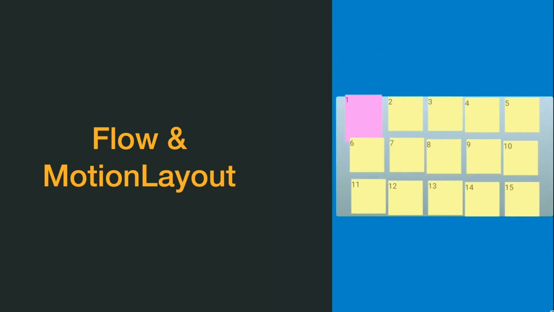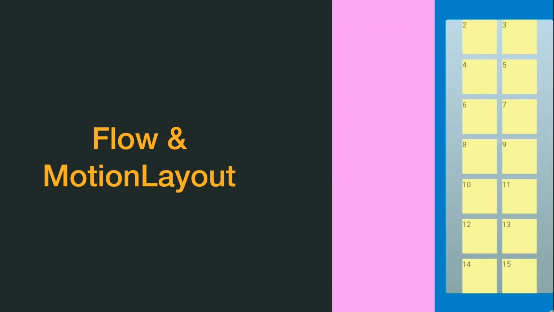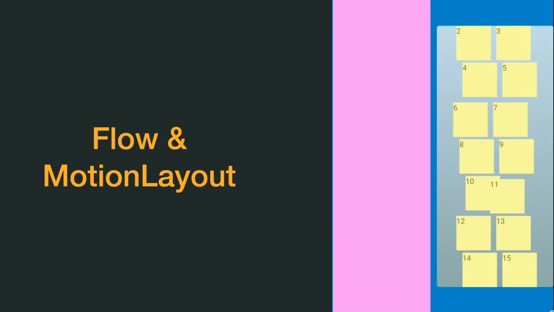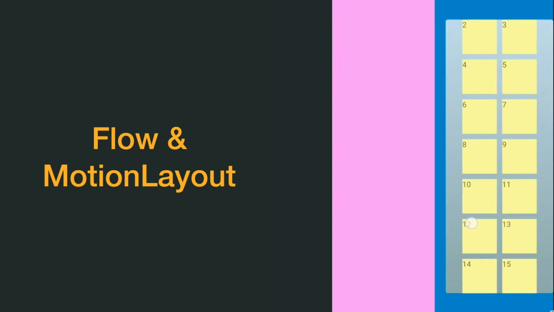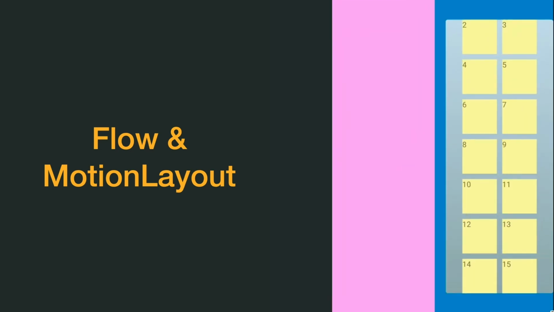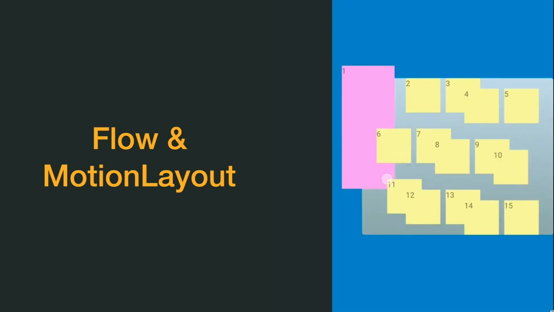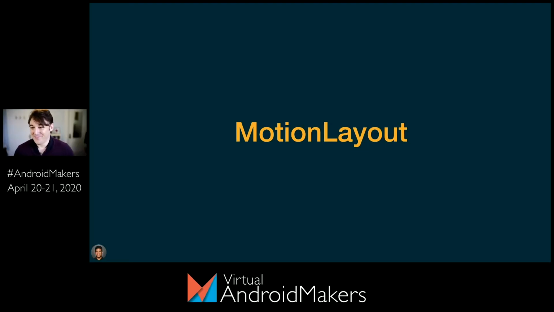And I am also changing on that second state, I'm also changing the orientation of the flow. So yeah, essentially that's what flow buys you. It should be easier to build up your screens, and it's understood by motion layout, so you can do really interesting animation like that. And now to talk about specific motion layout example, John.